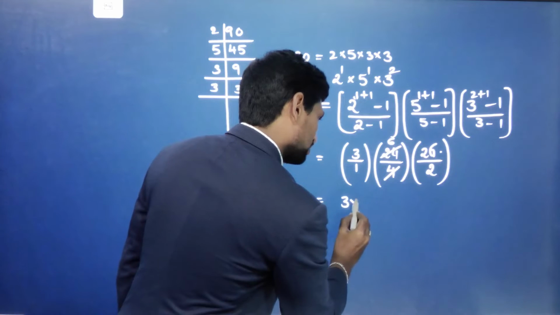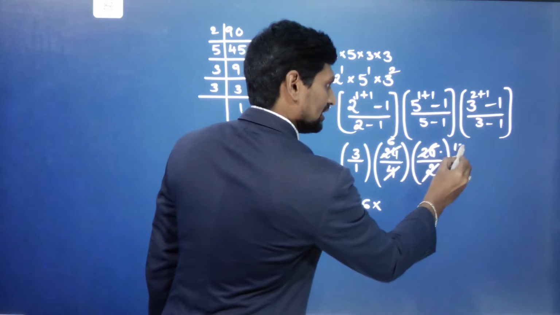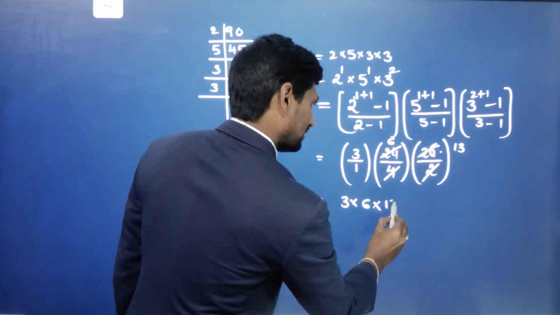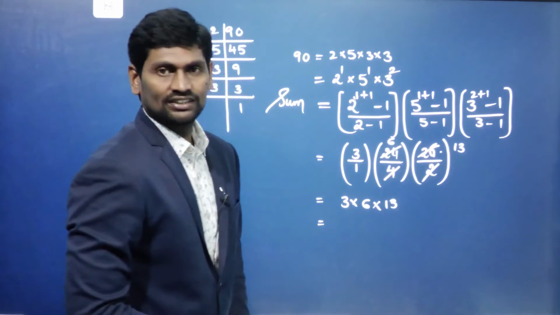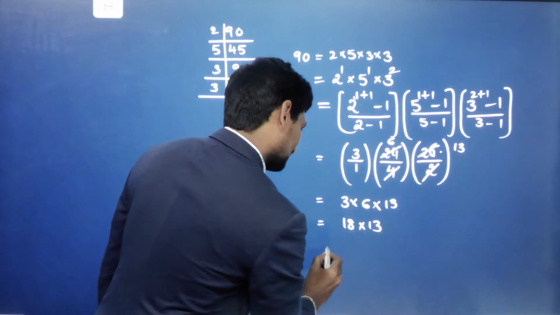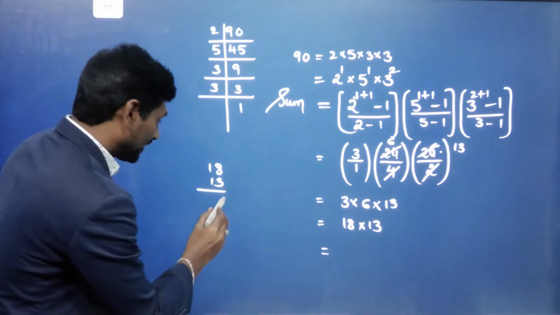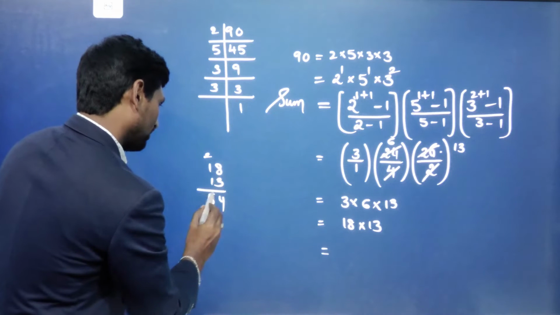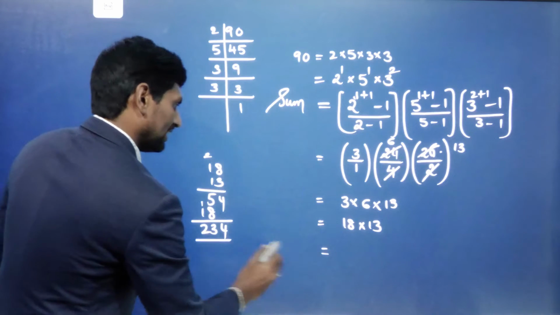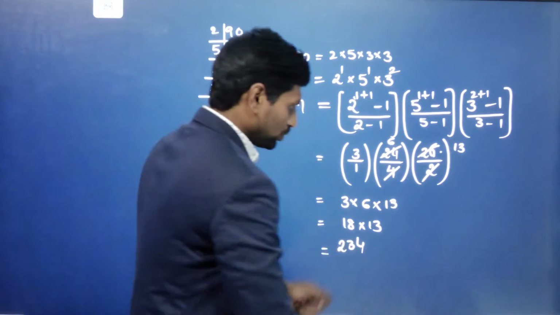So here 3 into 6, and 2 table in 26, 13 times. 2 13s are 26. 3 into 6 is 18. 18 13s, let us multiply here. 3 8s are 24, 2 5 1 18s are 18. Yes, 234. By using the formula, we get 234.